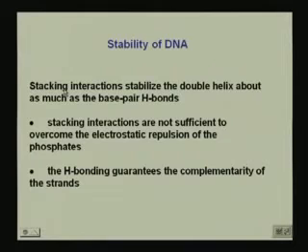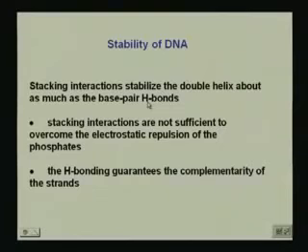The stacking interactions stabilize the double helix almost as much as the base pair hydrogen bonds, because what do we have in those cases? We have a pi-pi interaction, and we have a series of such pi-pi interactions.